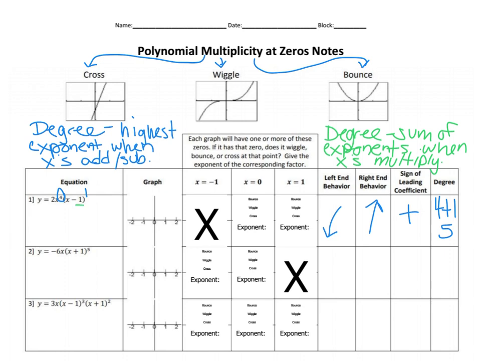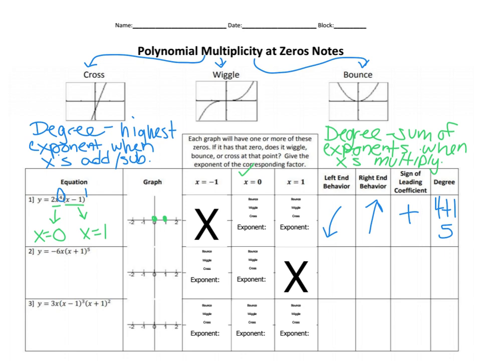So factors relate to solutions. So for instance, this x produces a solution of x equals 0, which you can see is right there in that middle column. X minus 1, that factor, produces a solution of x equals 1. So the solutions, you can see, are going to show up on our graph. We are going to have an x-intercept at 0 and 1, so I'm going to put a dot there.